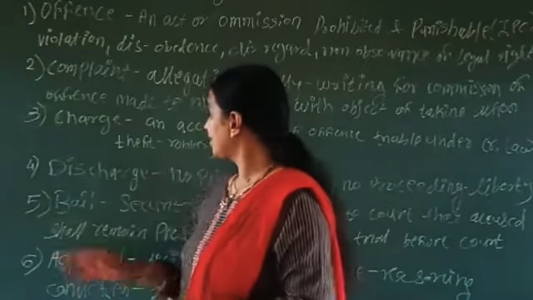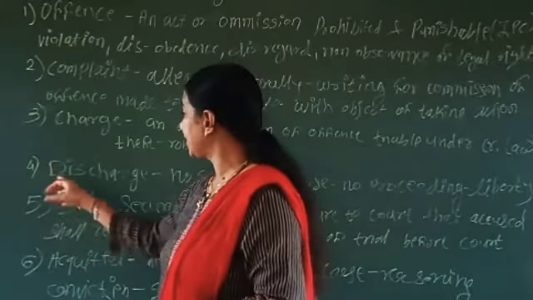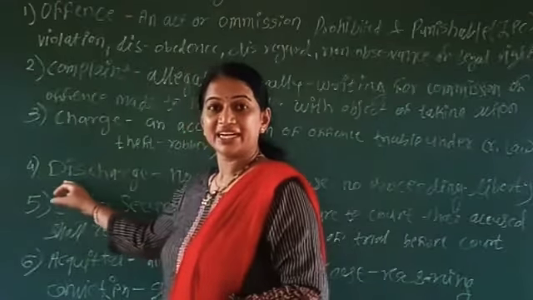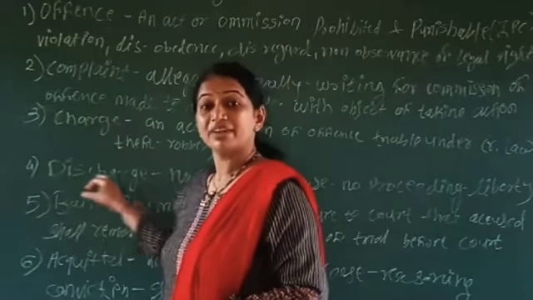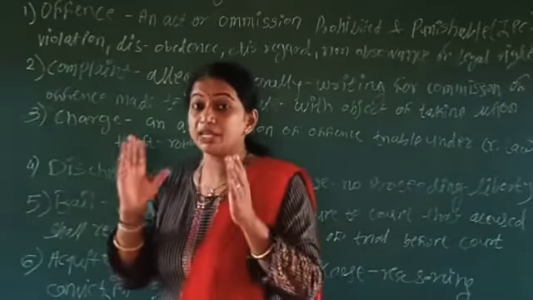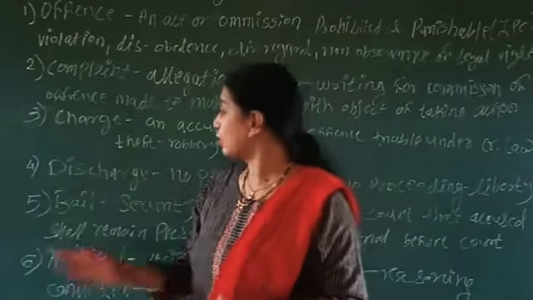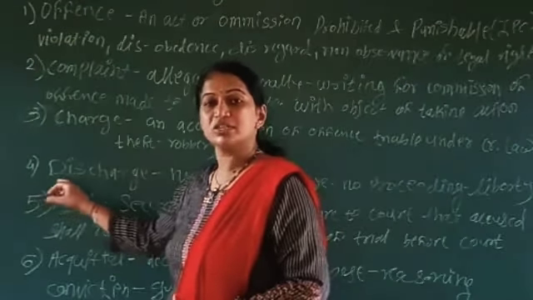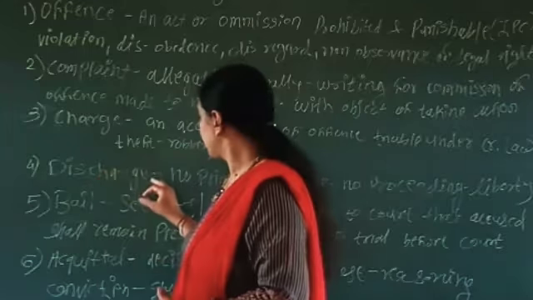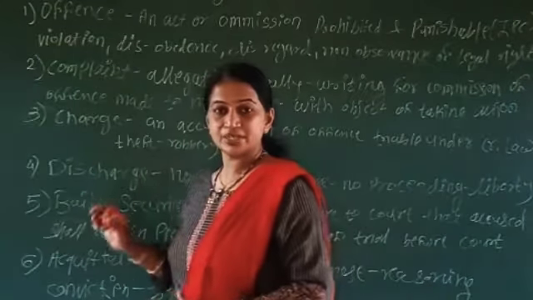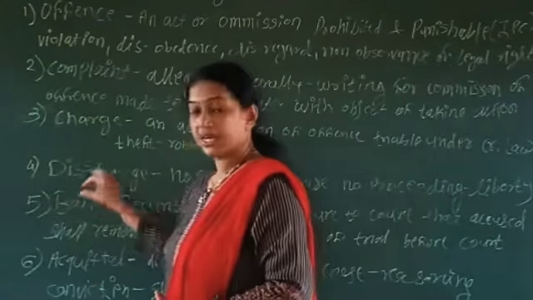Okay. Then we will discuss acquittal and conviction. As we already discussed, if in the beginning of the proceeding the court finds that there is no prima facie case or no sufficient ground to proceed further, at that time the court discharges the accused.